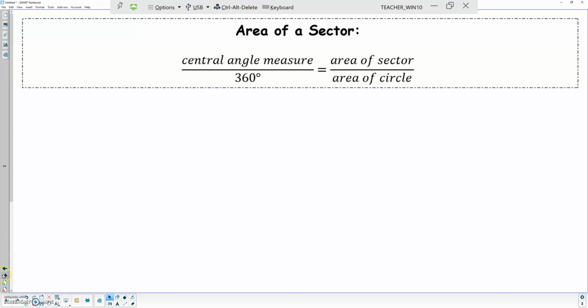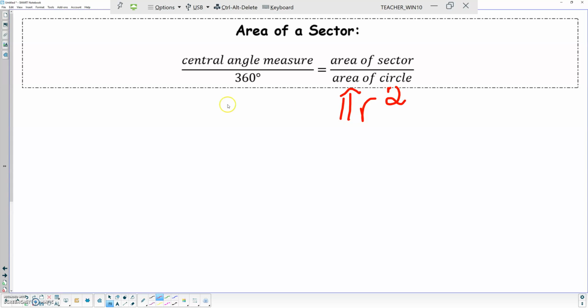We compare the central angle to 360 degrees, because there's 360 degrees in a circle, and we set it equal to the area of the sector over the area of the entire circle. We know the area of a circle, we have a formula for that, it's pi r squared.